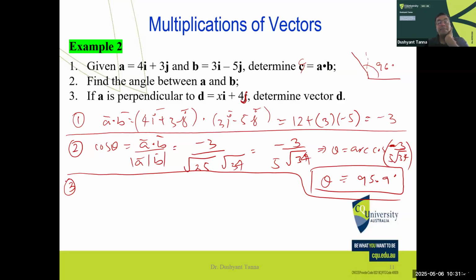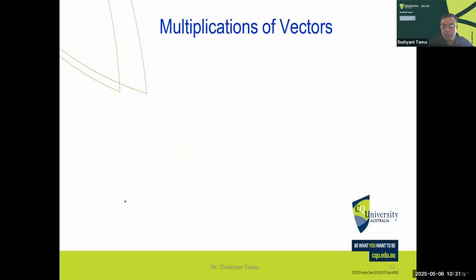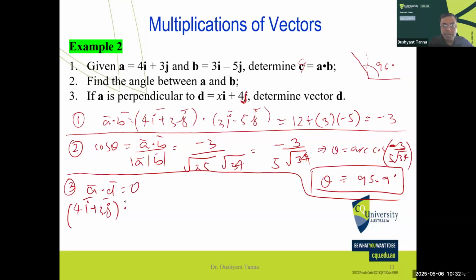Okay. So A is perpendicular to D, so what will happen? Vector A dot D is 0. A, which is 4i 3j, dot D. D is xi 4j.